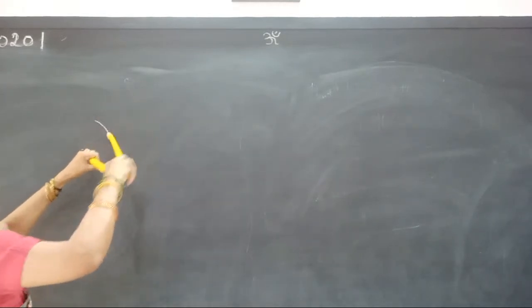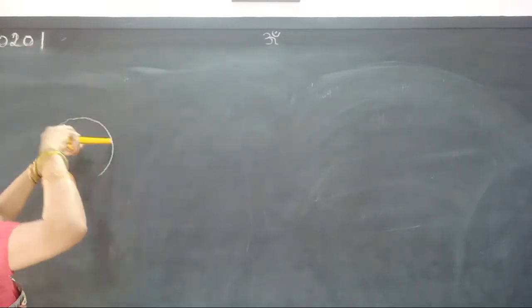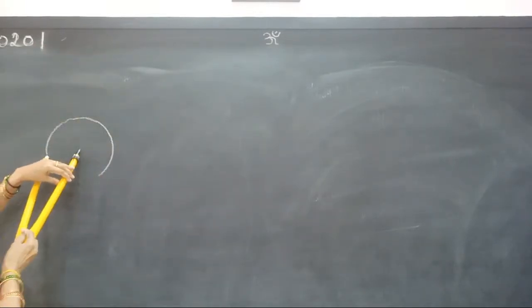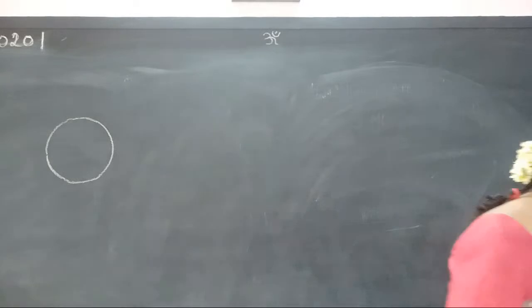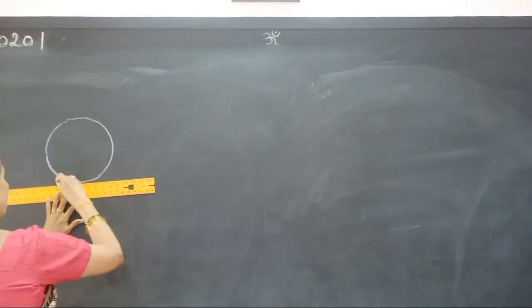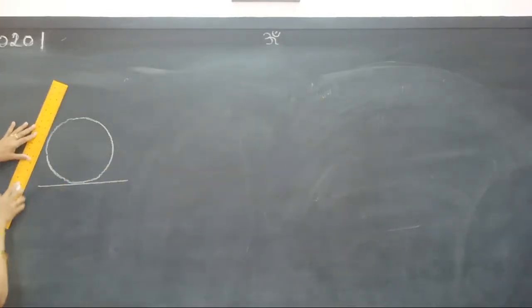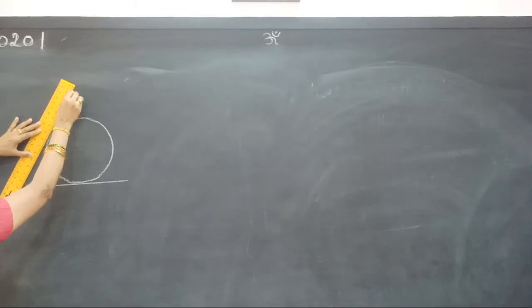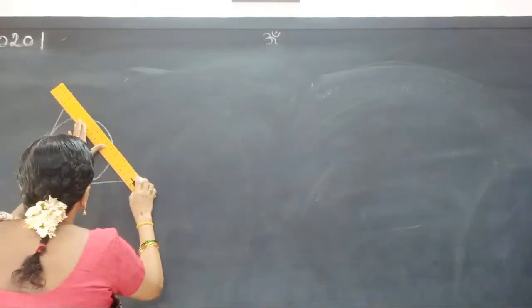So what I will do is first draw the circle, and based on this circle I am supposed to draw the triangle which is touching the circle at points D, E and F. The point of contact is here D, and here we consider as E, and this is F.